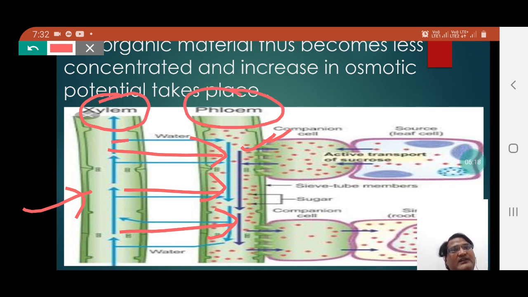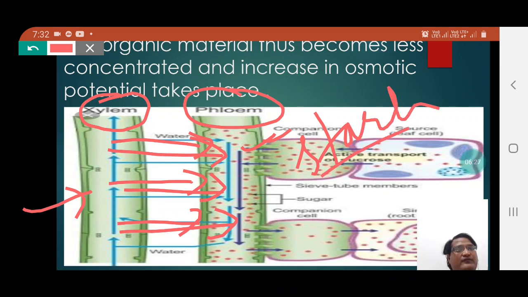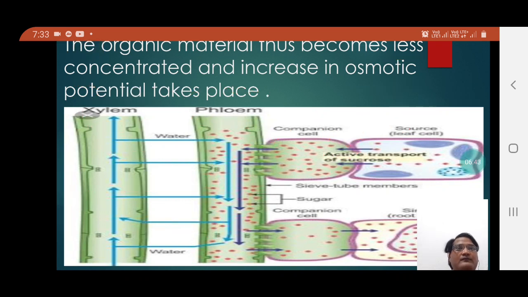So from the xylem the sap is moving to the phloem, and this is further making the starch in the leaf and phloem lesser concentrated, and as a result the osmotic potential increases.